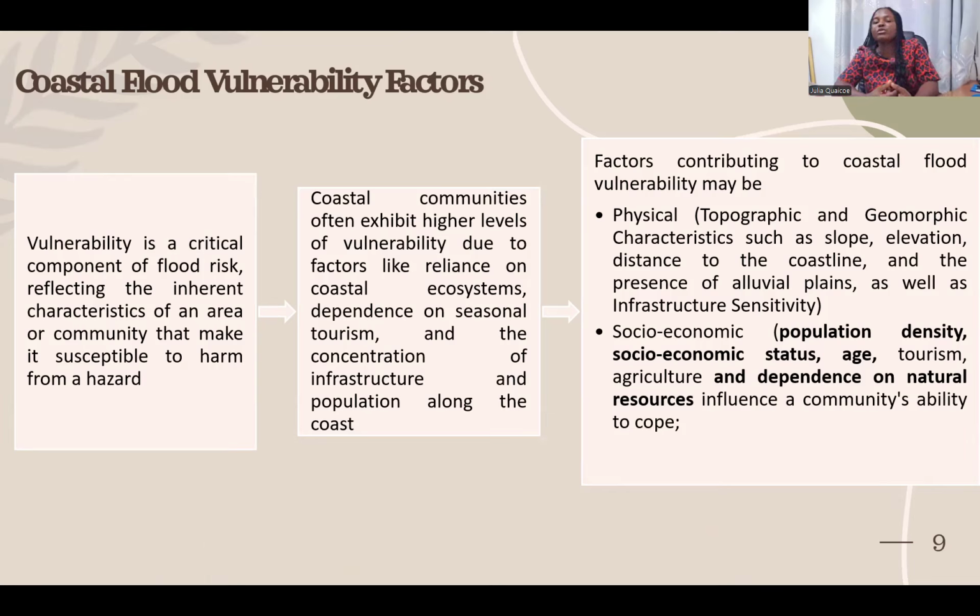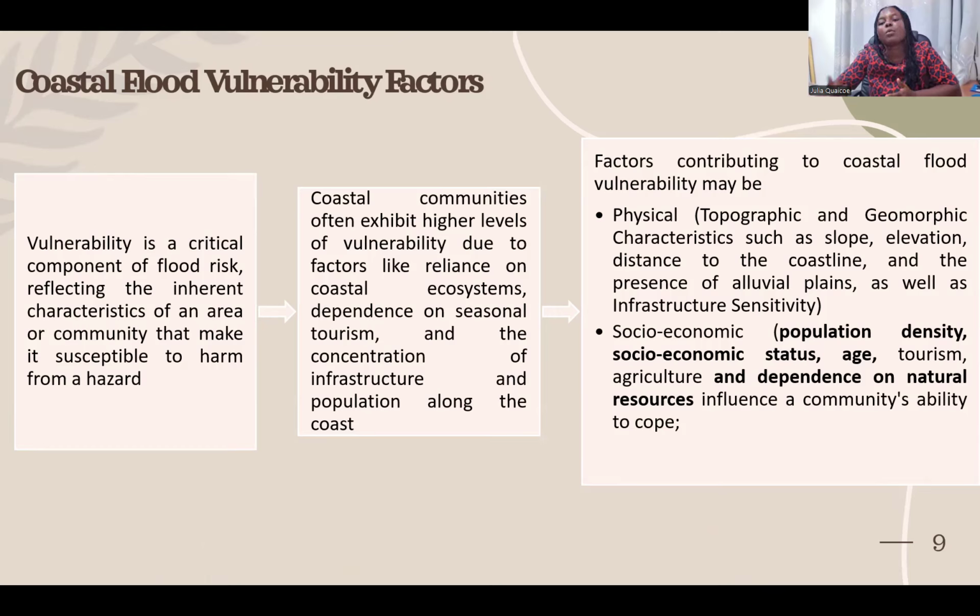And so if we want to talk about factors that contribute to coastal flood vulnerability, we may look at the physical characteristics, such as the slope, the elevation, the distance to the coastline, and even the presence or absence of alluvial fans and all those things. So why is it that in a particular coastal area, certain communities get flooded always, and other communities do not get flooded?